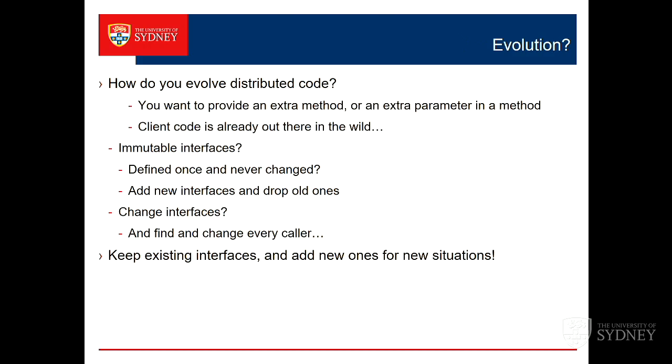Evolving distributed code. So you want to add an extra method to an interface or an extra parameter in an existing method. So if I've got local code, I just go and make the change, push build, boom, it's okay. If I'm doing it on a production system, perhaps I've got to go and stage the updates.